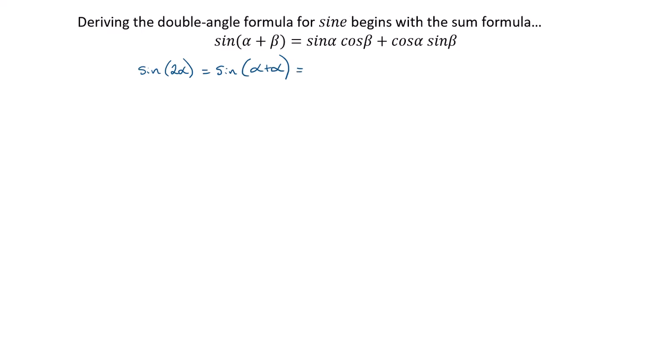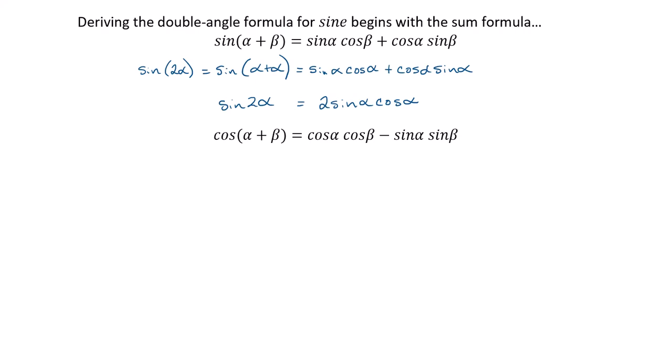Now, replacing the beta in the rest of that formula, I have the sine of alpha times the cosine of alpha plus the cosine of alpha times the sine of alpha. And this means we have the sine of 2 alpha is 2 sine alpha cosine alpha.